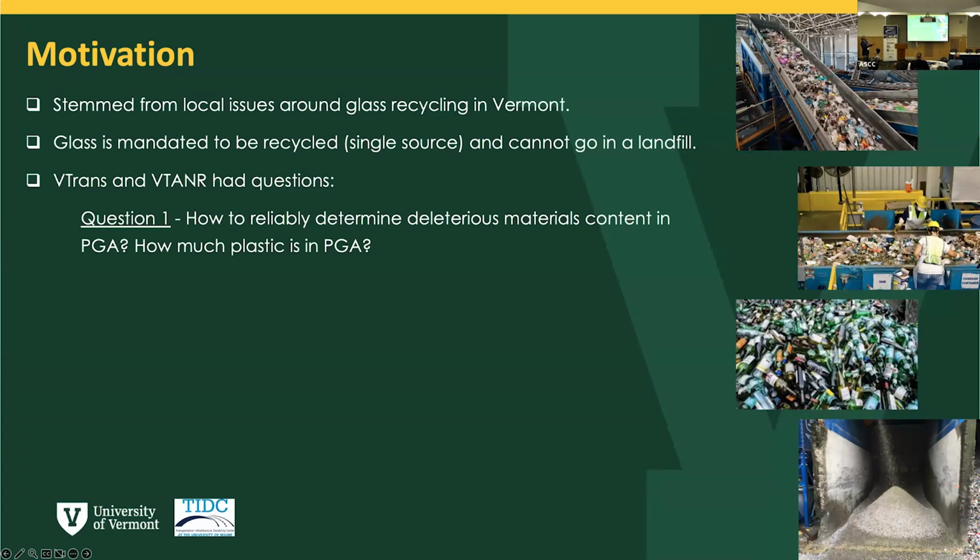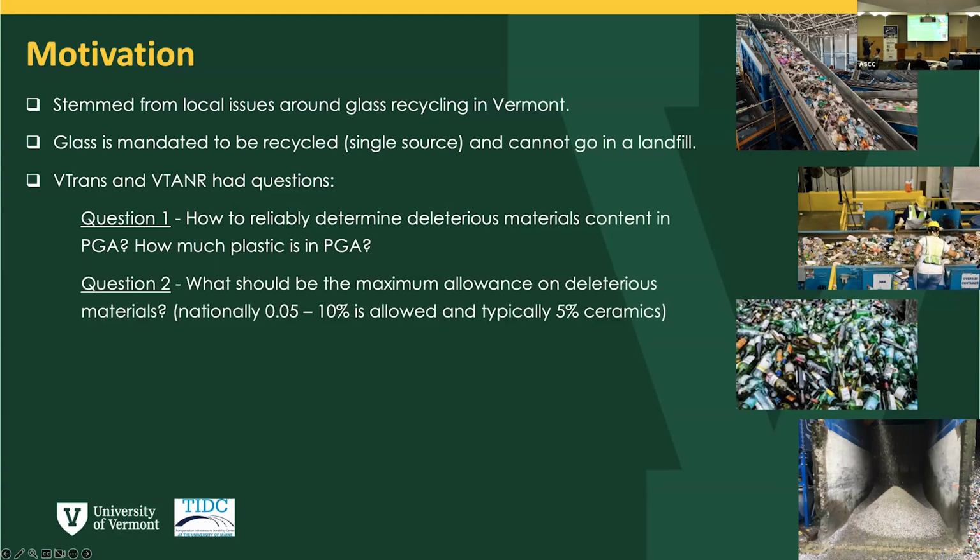And once we started working on the project, the interest in microplastics kept growing. So there was an added interest in determining what the plastic content in the glass is. The second question they had was, what is the maximum we can allow so that they meet the engineering properties requirement. And nationally, if you look at the specs from different states, we were able to find about 22 states.